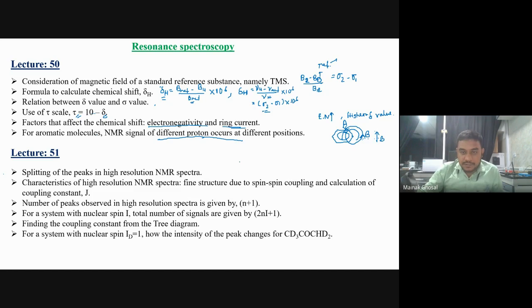A peak that you see as a single peak is actually divided into many peaks, and from that you can calculate the coupling constant J. The coupling constant is due to spin coupling, and from the peak difference you can calculate it. And also, how many peaks can you observe? You can observe only n plus 1 peaks. What is n?